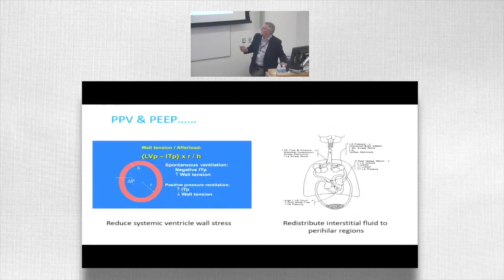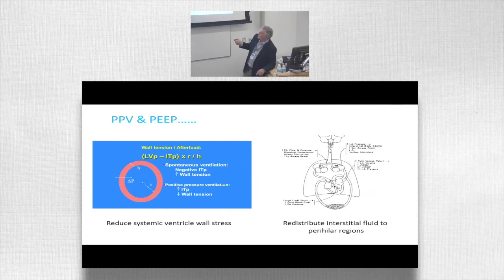And therefore, I'm going to make one plug about positive pressure ventilation and PEEP. We don't ventilate according to the ARDSNet strategy about trying to reduce lung injury, and I don't understand why we do that in patients with healthy lungs, let alone those with heart failure.